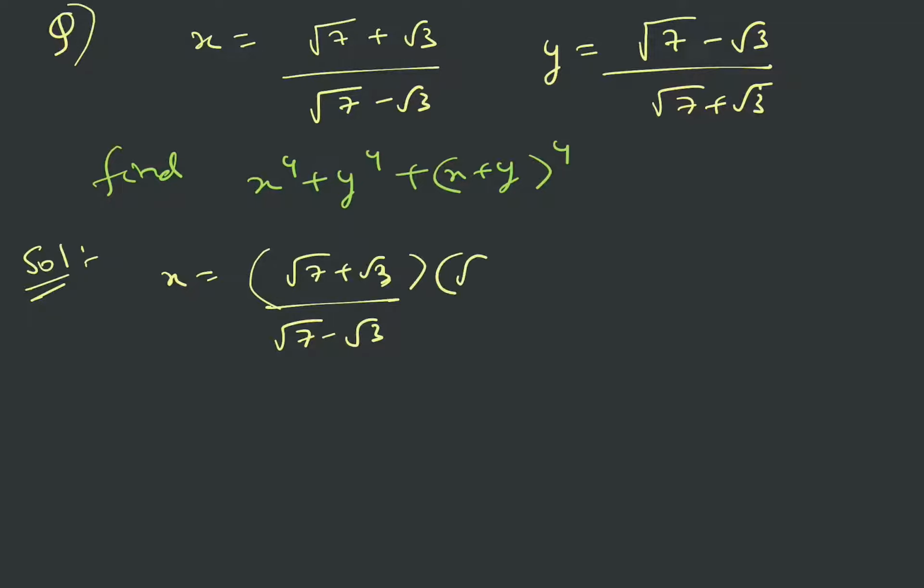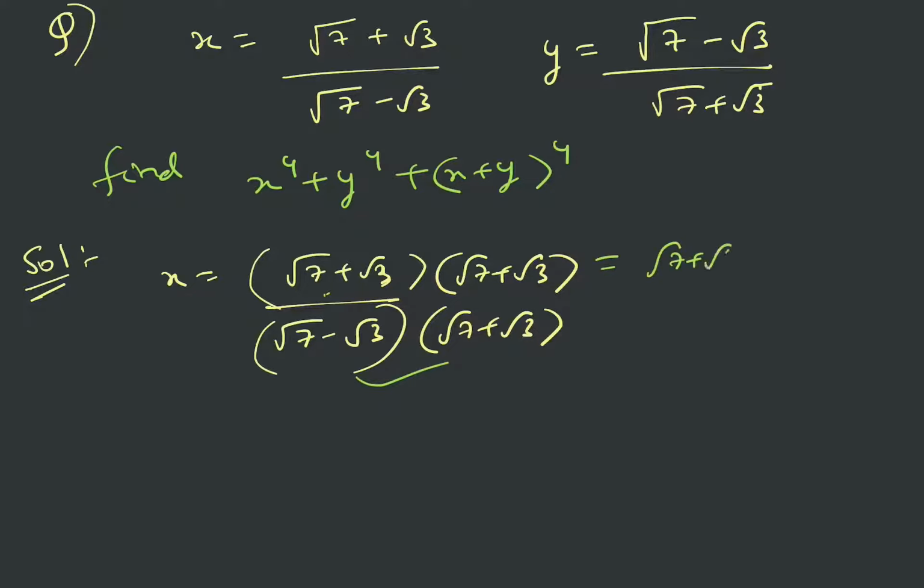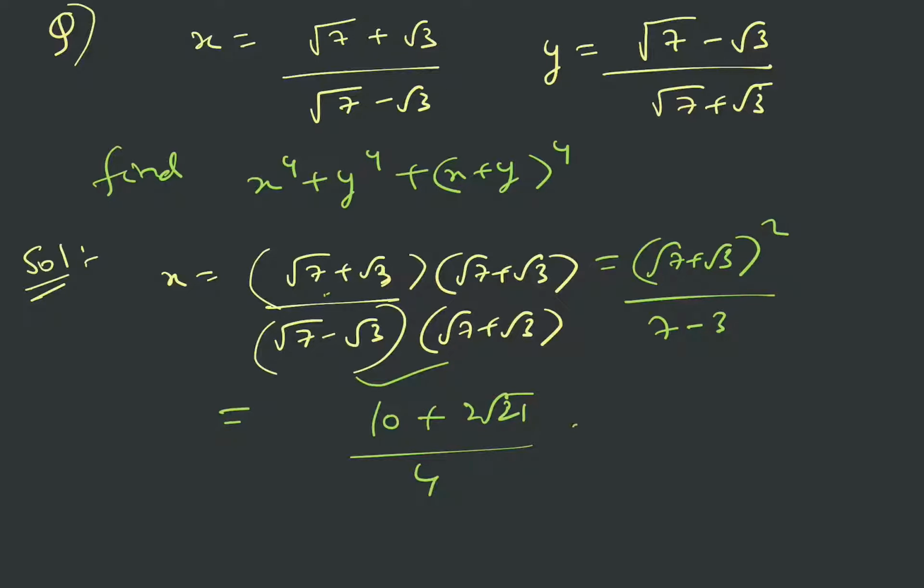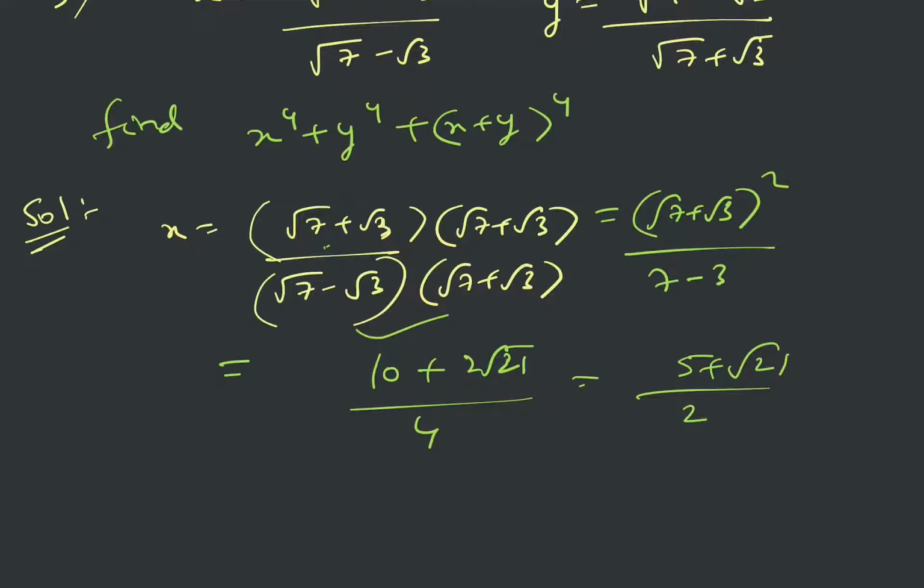I multiply and divide with root 7 plus root 3. The aim is to rationalize the denominator. So this is root 7 plus root 3 whole square divided by 7 minus 3. So this is 7 plus 3, 10 plus 2 root 21, divided by 4. If you divide with 2, you will get 5 plus root 21 by 2, right?